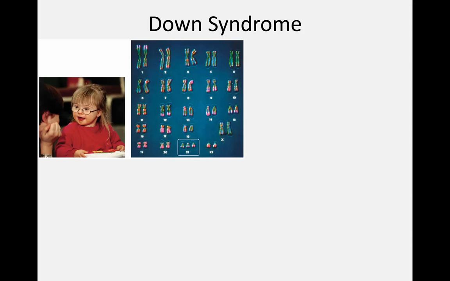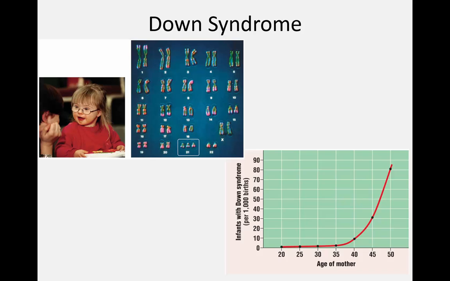Sometimes individuals are sterile and not capable of producing children themselves. The incidence of this increases with the mother's age, they have found, and so once the female gets to about 40 years of age, the incidence of having this non-disjunction in an egg tends to increase for some reason.